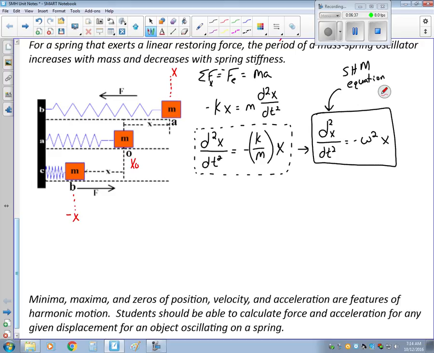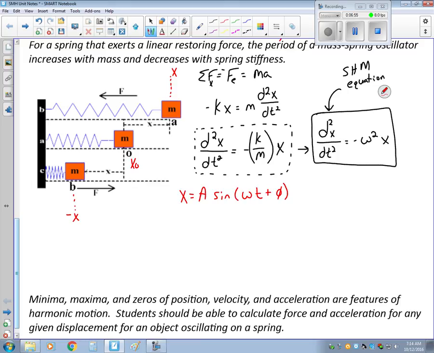This does have a solution, and the solution to the second order differential equation is this equation right here.